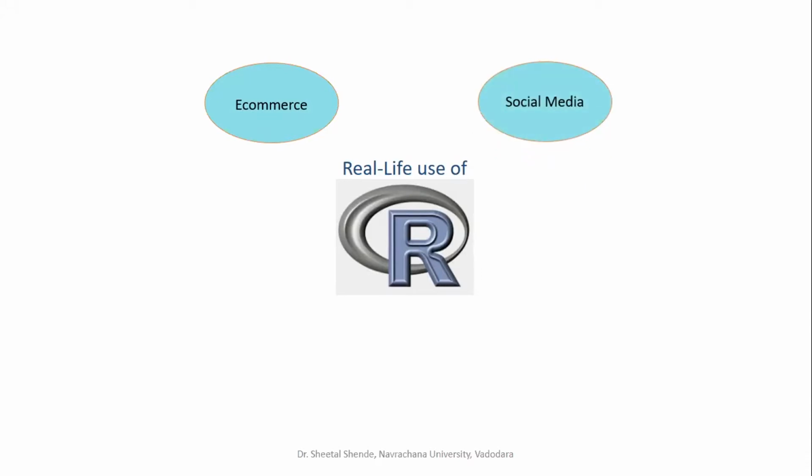For social media, people use this for behavior and sentiment analysis. In the banking sector, they use R for risk analysis. And lastly, in the healthcare domain, they are using this language for analysis of clinical trials and drug discovery. Now this clinical trial, nowadays, is a very well-known word to us.